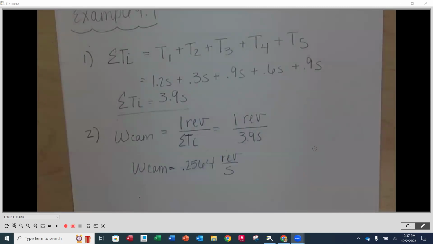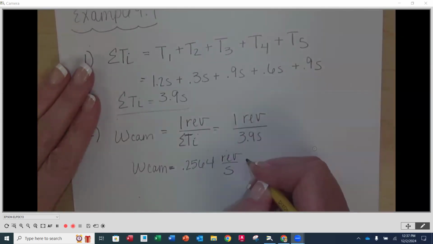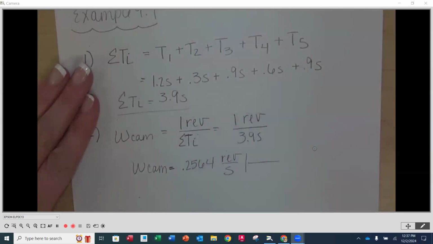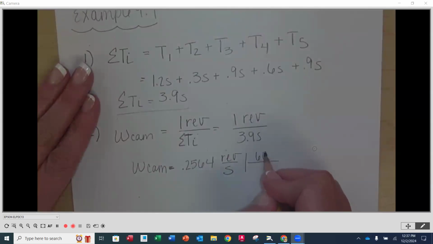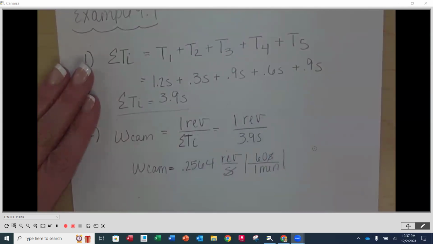Now that one's going to come in handy for our calculations going forward, but as we know, a lot of times we want to report our angular velocity in RPMs. So you're going to notice that they take the next step and they convert this to revolutions per minute. I've got my revolutions already, but I know that there are 60 seconds in 1 minute, right? I want to get the minutes on the bottom.